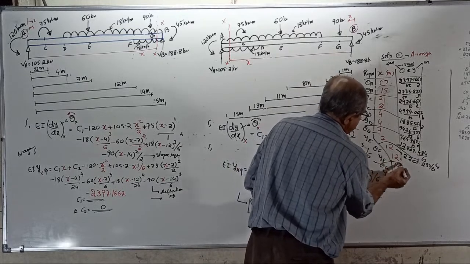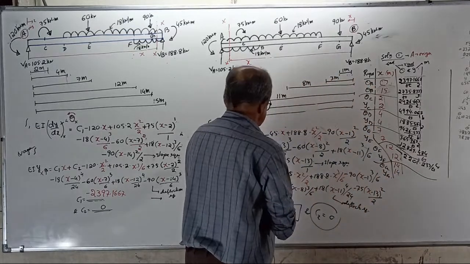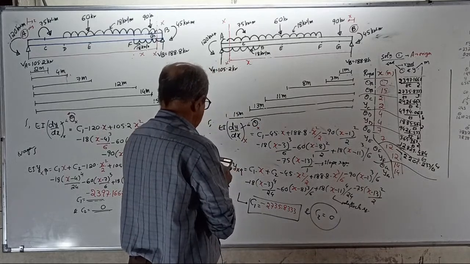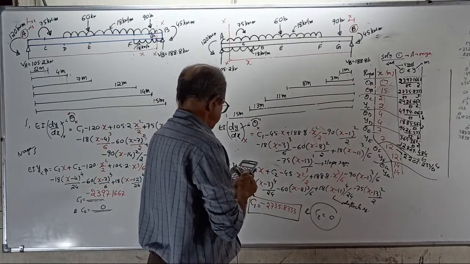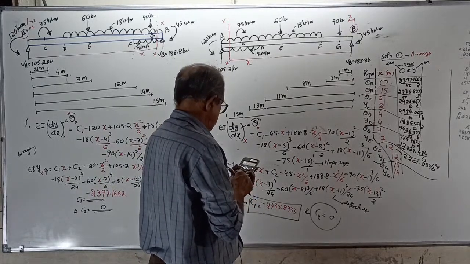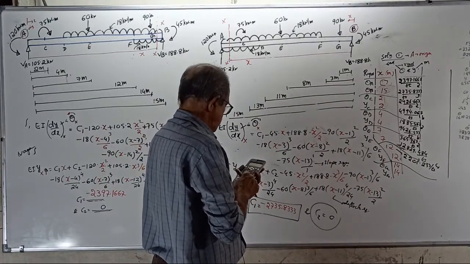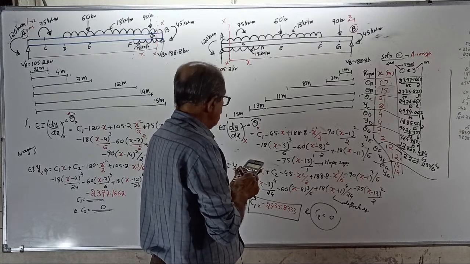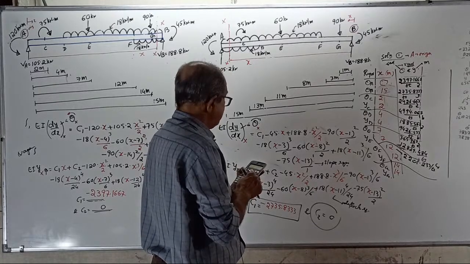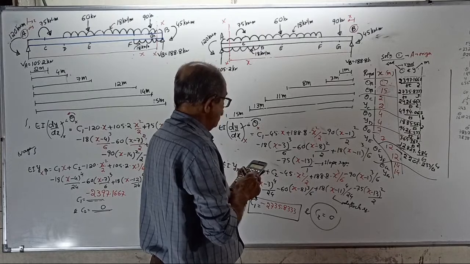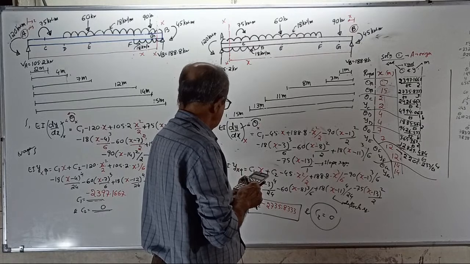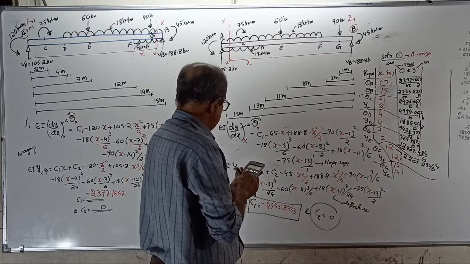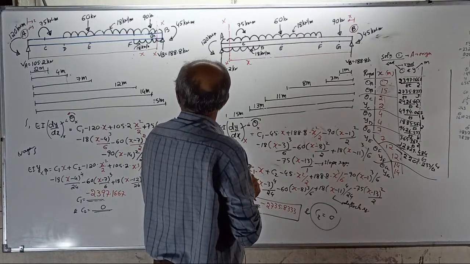Now deflection at F will come. Shift toward B into 3 minus 45 into 3 square divided by 2 plus 188.8 into 3 cube 27 divided by 6 minus 90 into 8 divided by 6. That's all? No, not over. Minus 18 into minus 80.